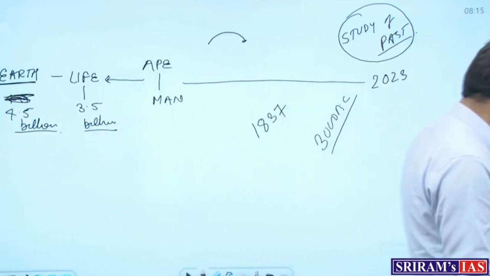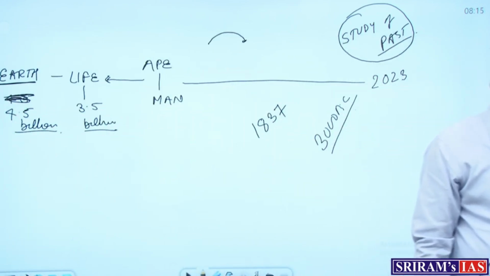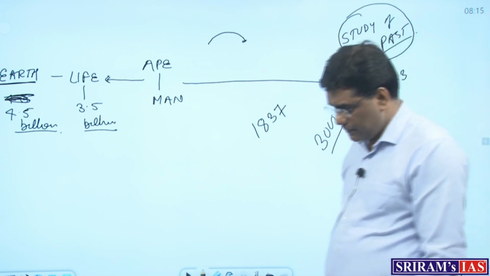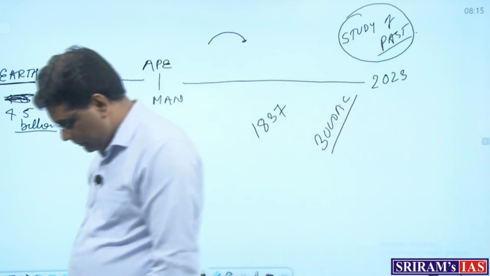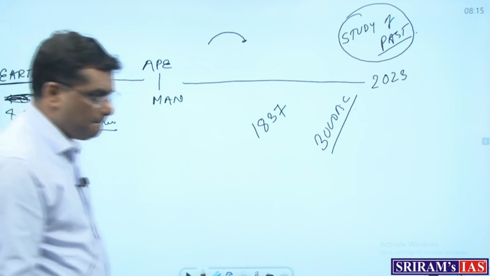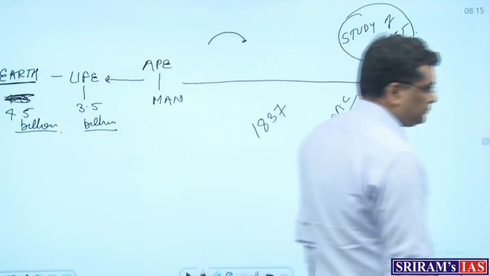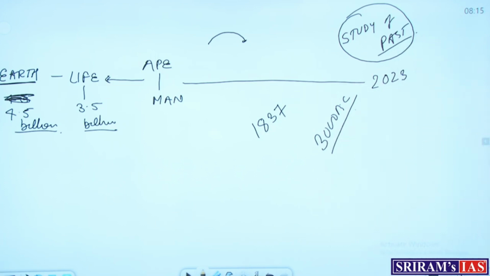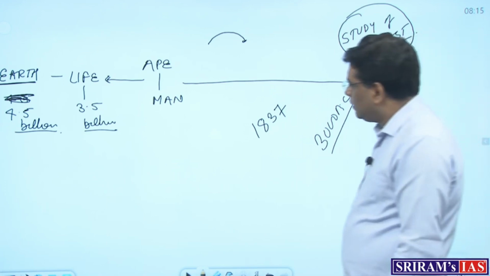Historians making the relevant fact historical, and irrelevant fact unhistorical. Fine. So these are two definitions of history.